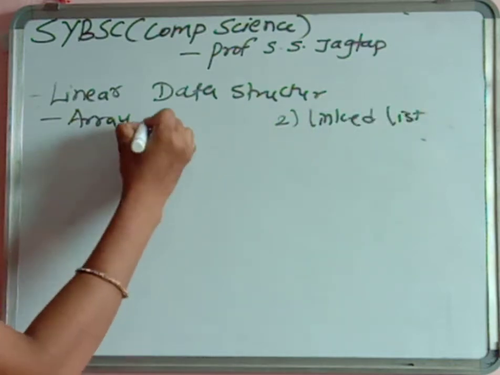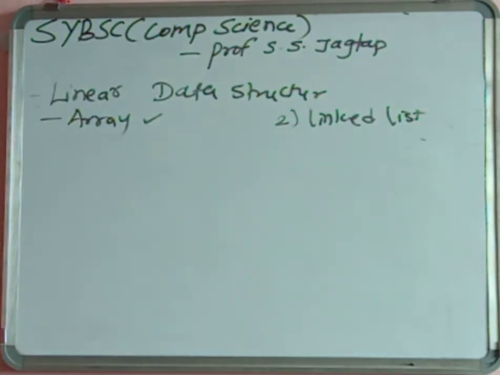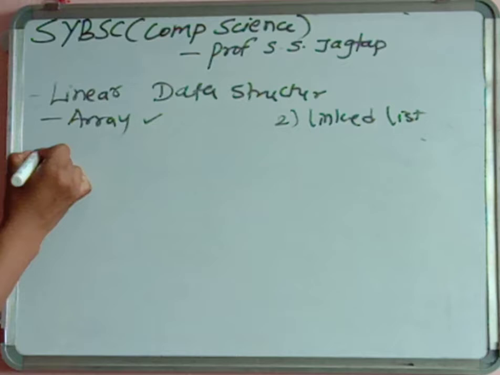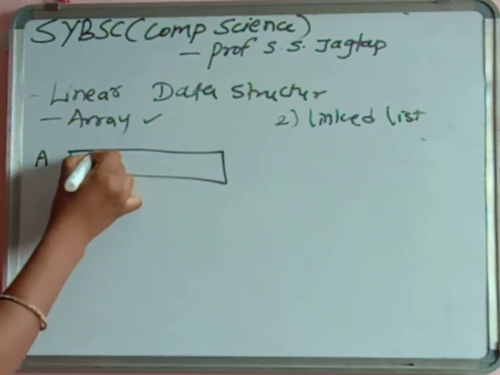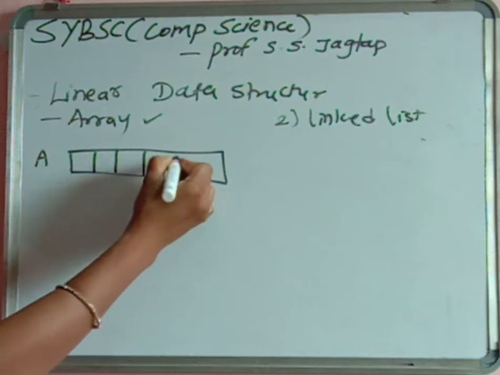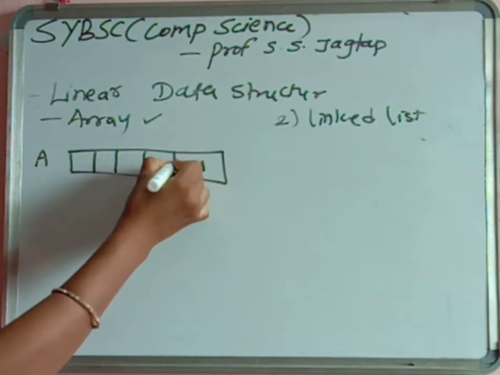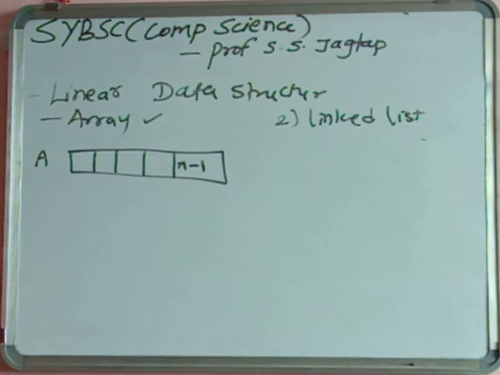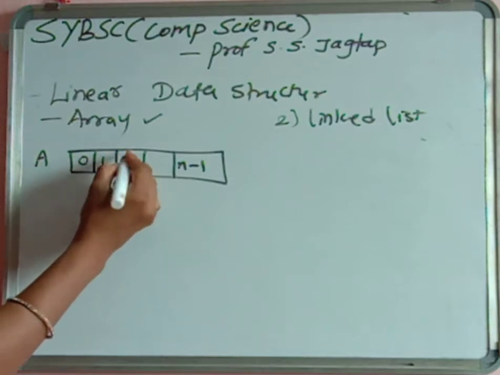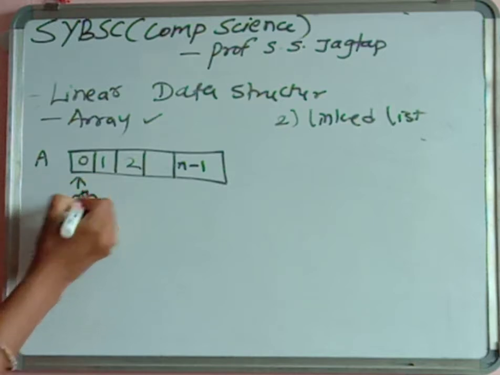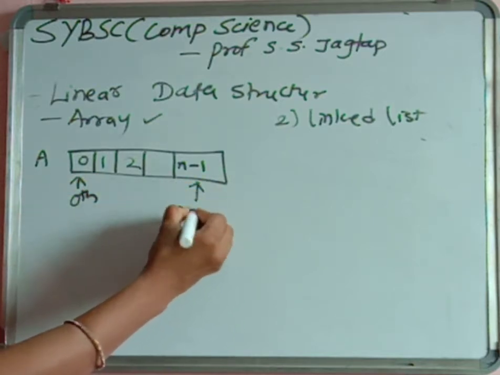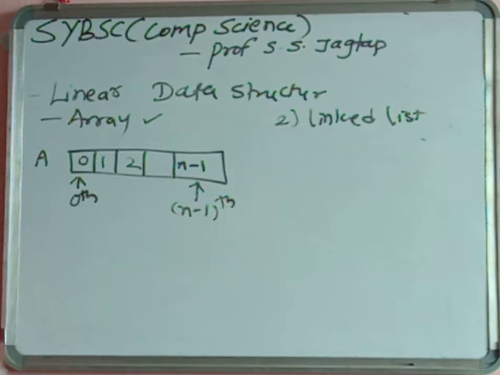First of all, we will see how we represent linear data structure in array. As we know, an array consists of some elements that start from 0th position up to n-1 position. And there are some elements included in a list. These are the 0th position and this one is n-1 position.